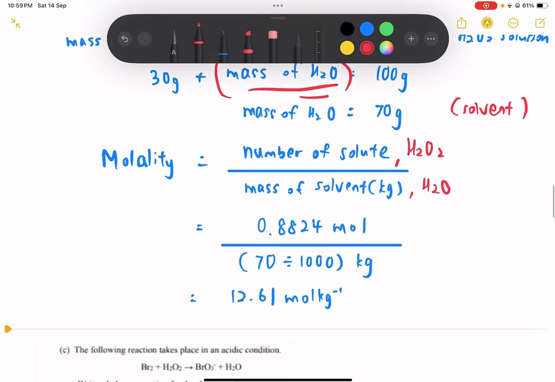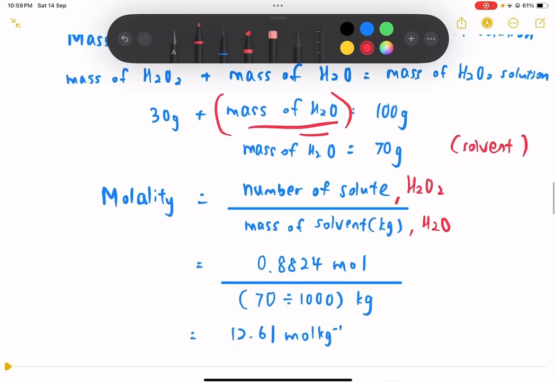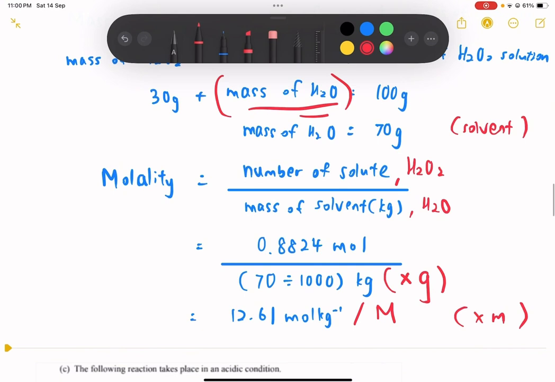So 0.8824 mole divided by 70 divided by 1000 kg. We have to put in kg, but not gram. Okay, please note that. So for the final answer, we will find 12.61 mol kg negative 1 or m, not small m. Okay, so this one also needs to be in 2 decimal places. As always, the final answer must be 2 decimal places.